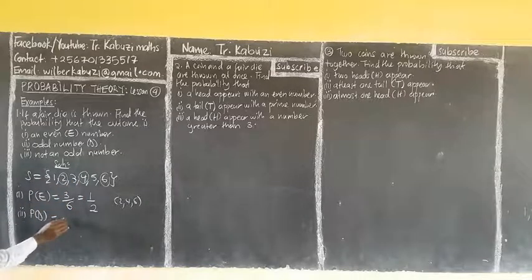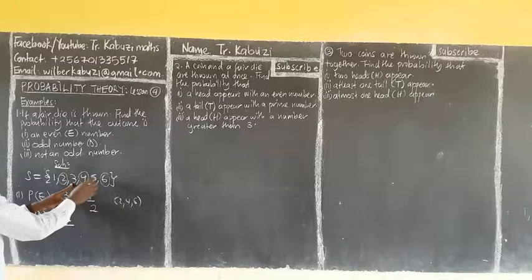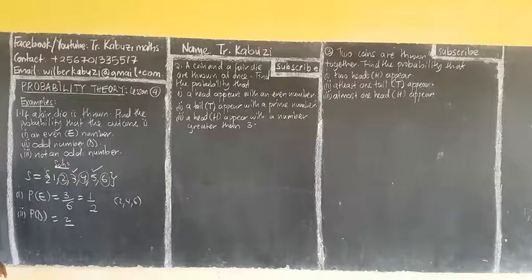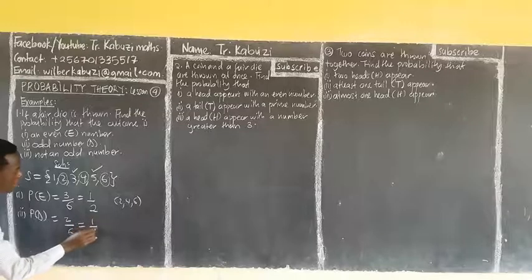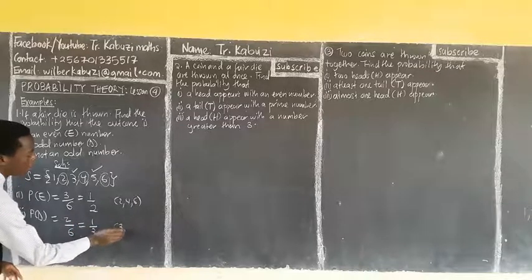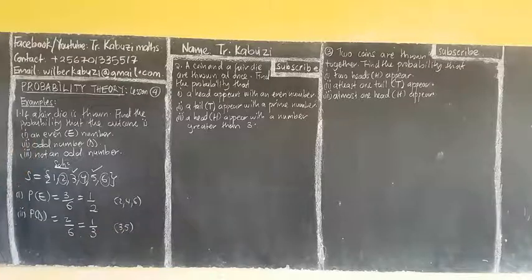So this one is odd and this one is odd. So we have 3 over the total, which is 6, and we can reduce this to 1 over 2. So our odd numbers here are 1, 3 and 5. How simple is that? And you are done.